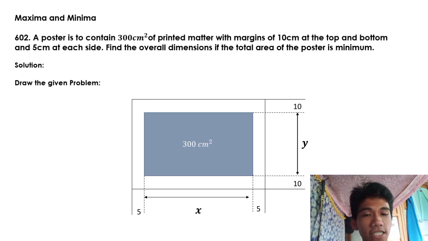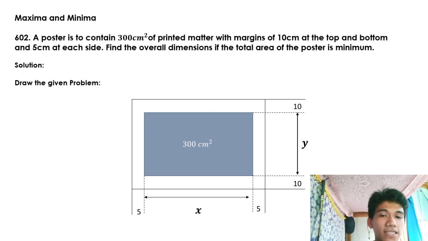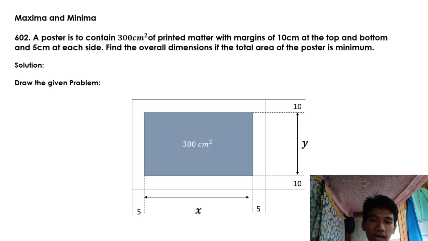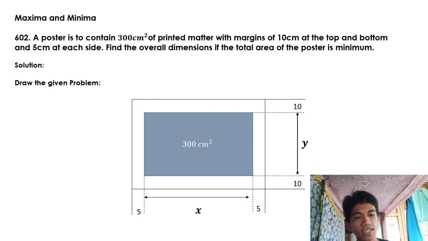First, the poster has an area of 300 cm squared, which is in the middle, the colored part. Then each side has margins: the top and bottom have 15 cm, and each side has 5 cm. What we are looking for is the total area with the margins.